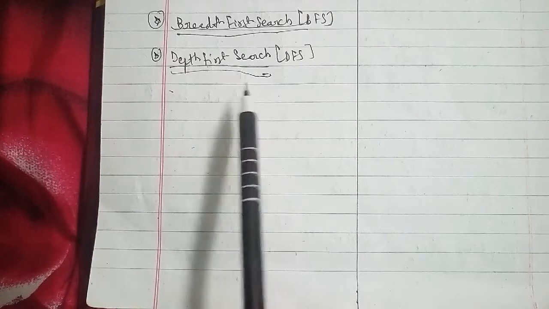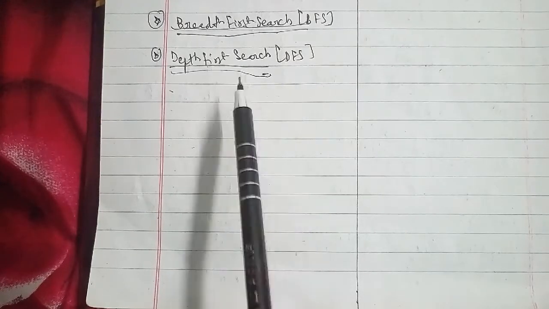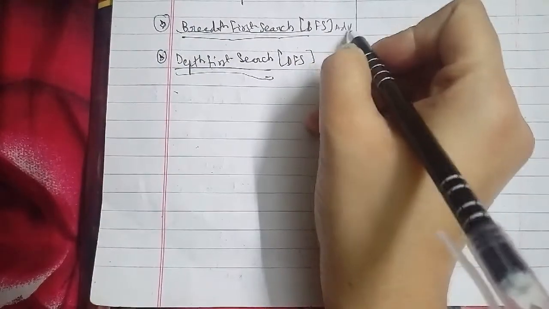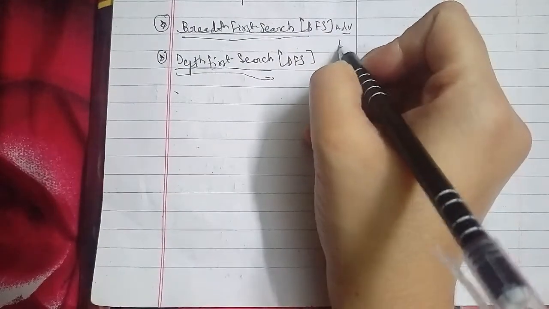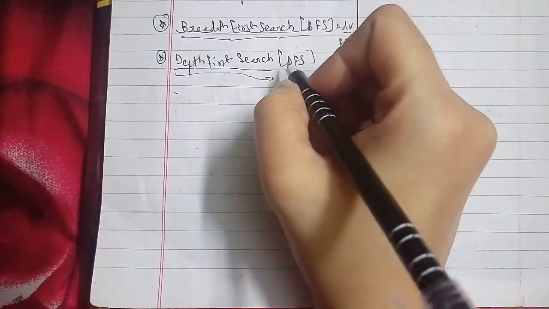Before starting with DFS, we have to discuss some of the advantages as well as the disadvantages of BFS, and after that we'll discuss DFS, that is depth first search.